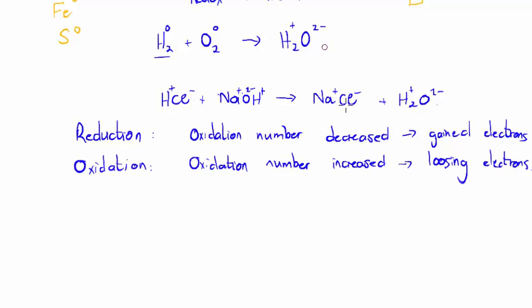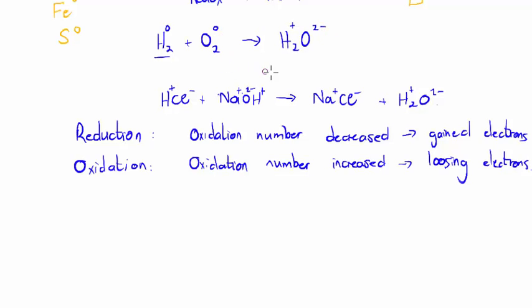Okay, so here's a very simple example of what is being reduced. Which one is undergoing reduction in this example up here? Oxygen is going from 0 oxidation state to 2 negative. So his oxidation number has decreased.